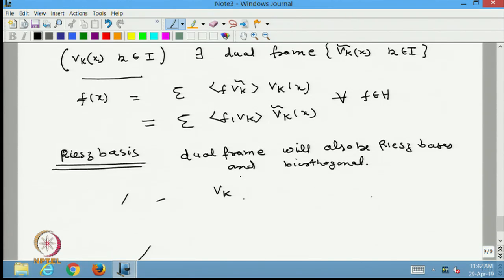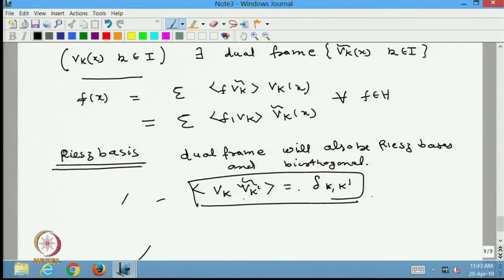A dual frame will always satisfy this property. In case of a Riesz basis, this dual frame will also be a Riesz basis and biorthogonal. Because of this property, we are able to write this, if you look at it.